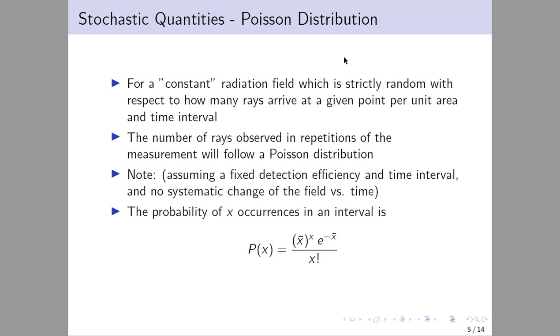Here we assume that our detector is very efficient, the time interval is fixed, and there is no systematic change of the field versus time. So we do not move, for example, the detector. The probability of x occurrences in an interval is given by the Poisson distribution: x bar to the power x, exponential minus x bar, over x factorial.